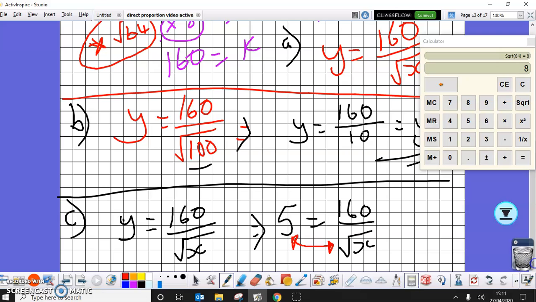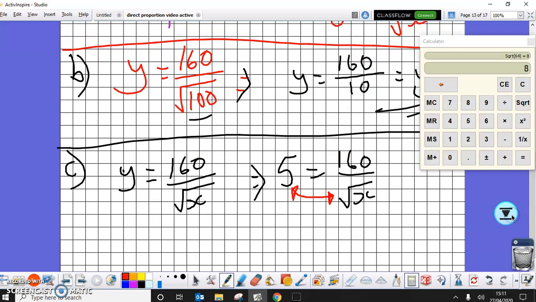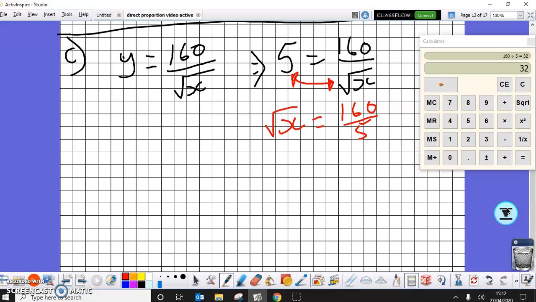We've got to rearrange the sum first. So we've got the square root of x equals 160 divided by 5. 160 divided by 5 gives me 32. So the square root of x equals 32.